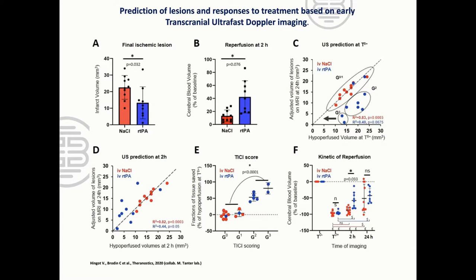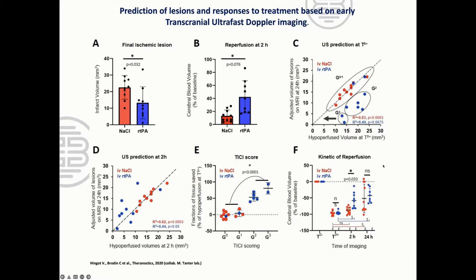It is also interesting to see that we can establish a TICI score, which is also a score used in the clinic, which could predict the efficacy of recanalization and reperfusion of the tissue. It is also possible by using this methodology to determine a kinetic of reperfusion of the tissue.